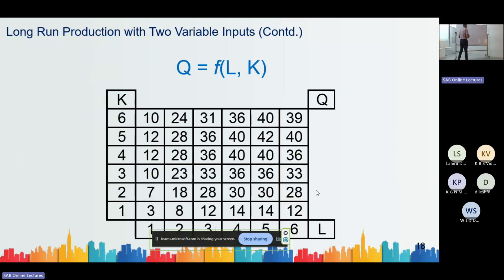So what does it mean by an isoquant curve? That is what we are going to learn now.